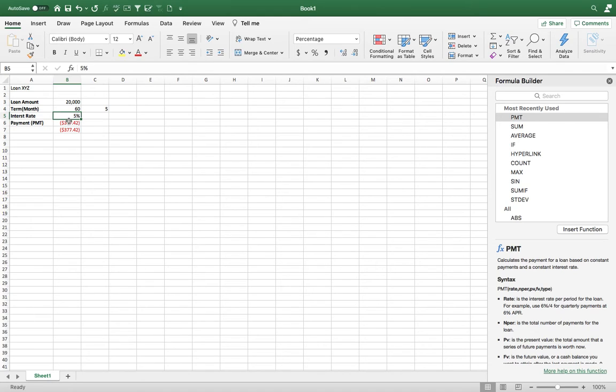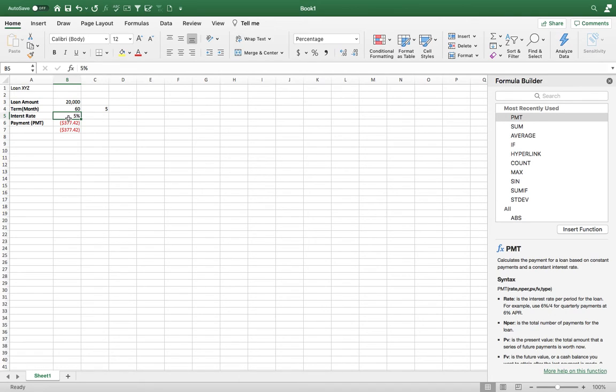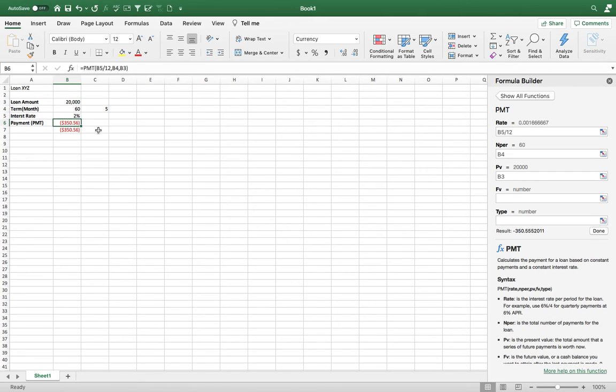So if you get a lower percentage with the 60 term, which is 5 years, you get a smaller payment. So the key is getting less interest. Instead of 5, let's say I put 2%, or the bank gives you 2%, your payment goes to 350. So if one bank gives you 2% and another bank gives you 7%, with 2% you get 350, and with 7% you get 400, right?